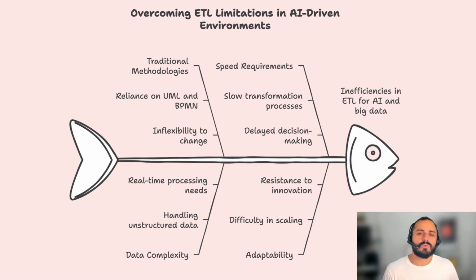These approaches brought order to the chaos of early data pipelines, but let's be real, they were built for a slower, more structured world. Today's AI and big data environment demands speed, adaptability, and the ability to handle messy, unstructured data without missing a beat.